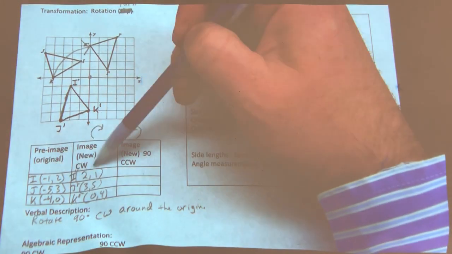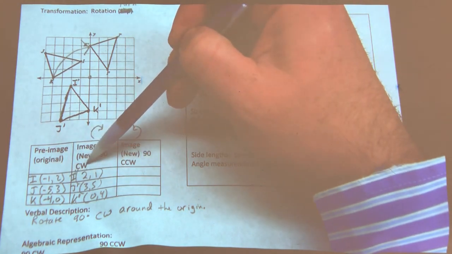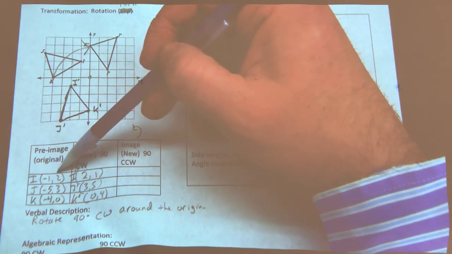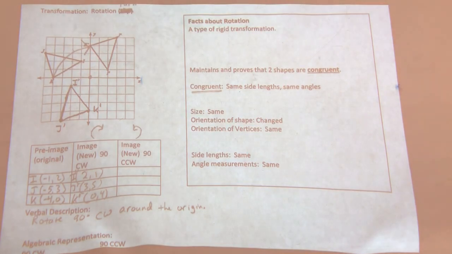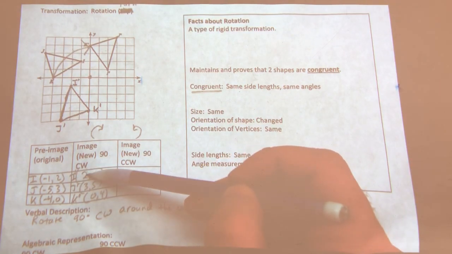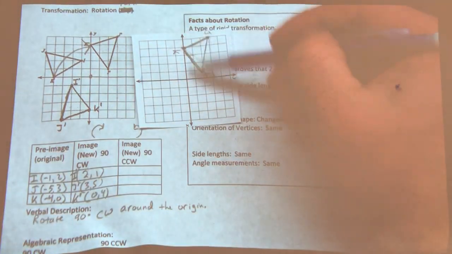So if we look at whether there's some kind of pattern in the way these change, now this is for a 90-degree clockwise turn, we can see that the y coordinate became the x coordinate. So whatever was your y coordinate is your new x coordinate. So this y coordinate is a 2, my new x is a 2, and that's because the x-axis, when you turn that, is becoming the y-axis.